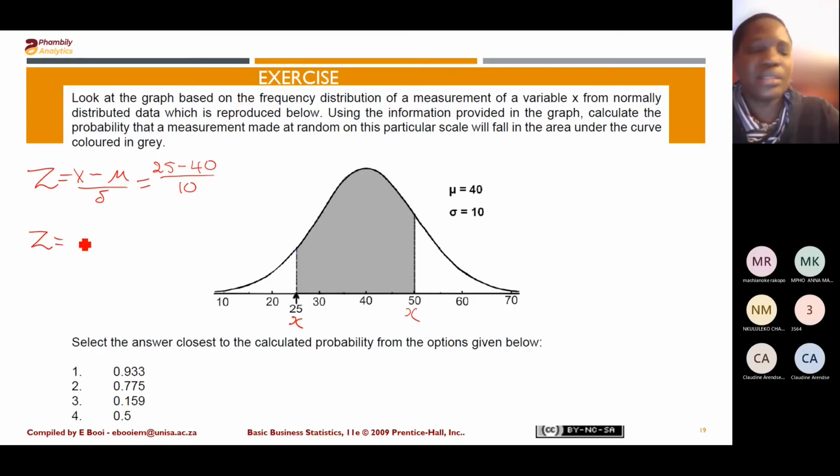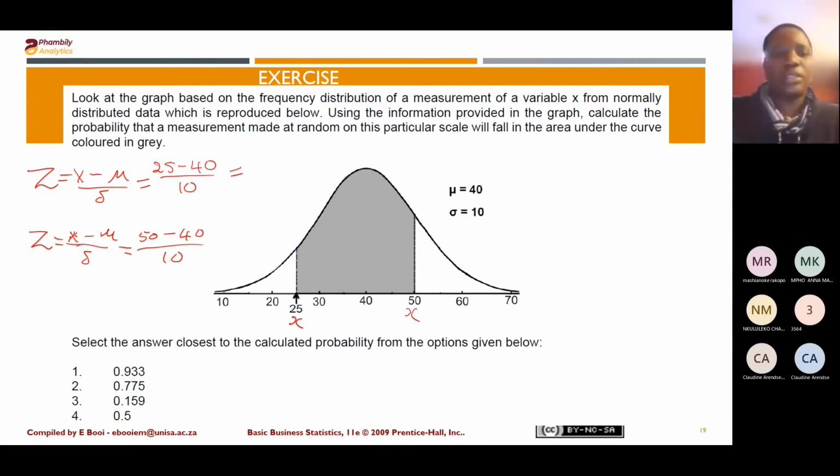Our second X is 50 minus 40 divided by 10. So let's calculate each one of them. 25 minus 40 equals minus 15, divided by 10 is equal to minus 1.5.